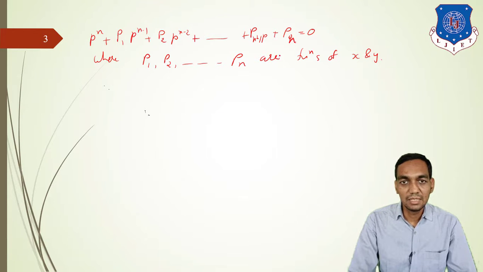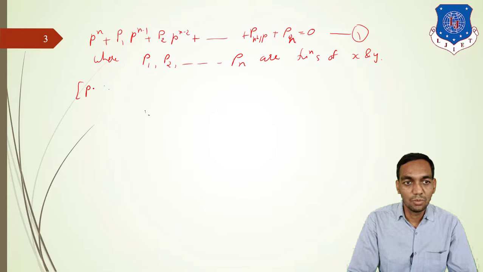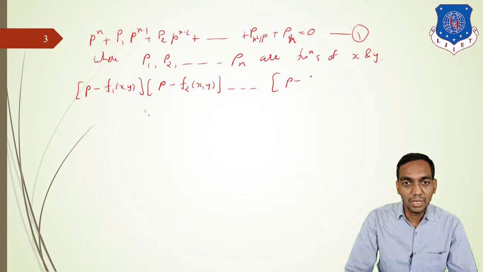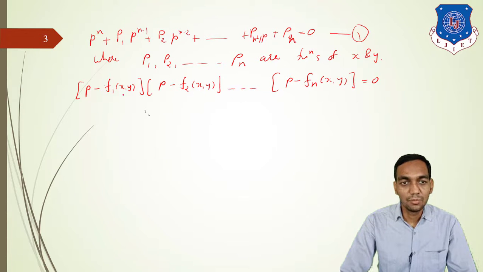Then this equation is said to be solvable for p if you can factorize the left hand side in the form of p minus some function of x, y, into p minus another function of x, y, and so on, p minus some function of x, y is equal to 0. That means you have first degree factorization of the polynomial of p in the left hand side.